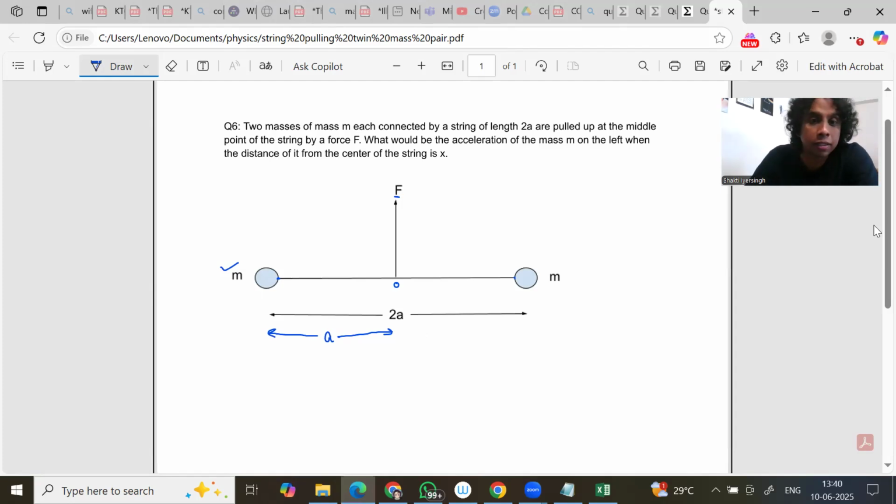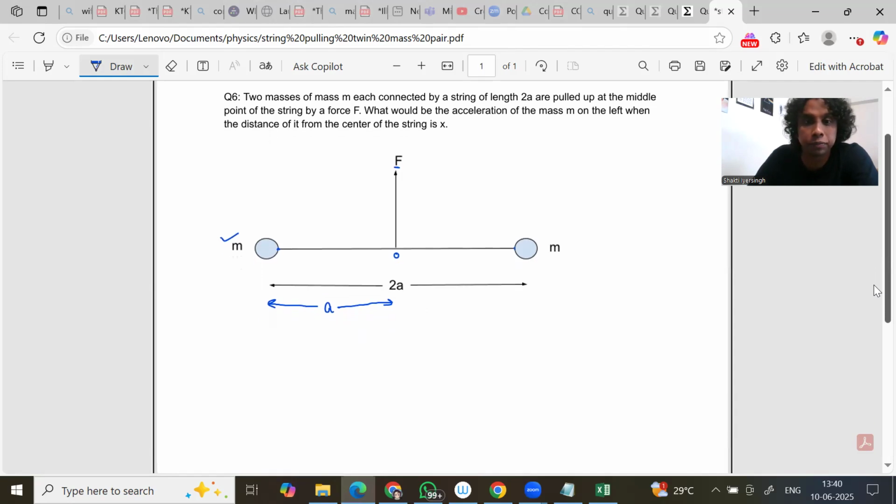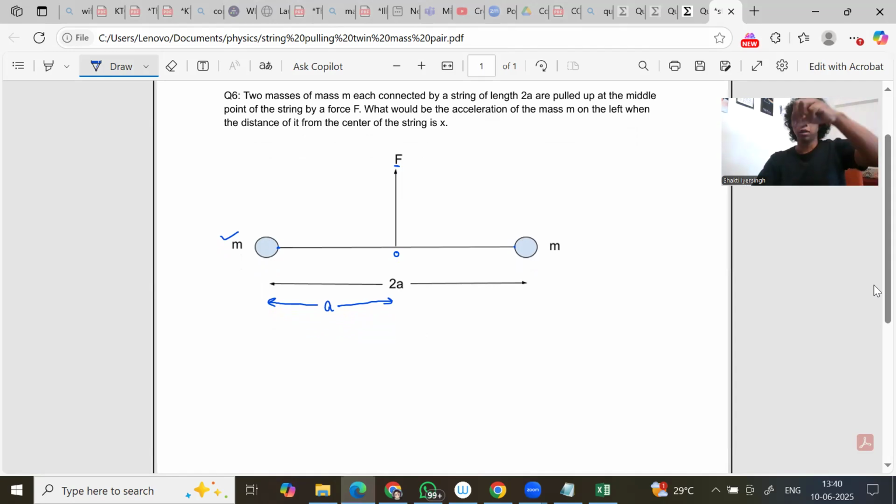Now, this force is vertical, and these masses are constrained to move horizontally on the table, and they cannot move up. So the situation is somewhat like you have a thread and a table, and first the two masses are just on the table, and then you go to the middle point of the thread and start pulling it up.